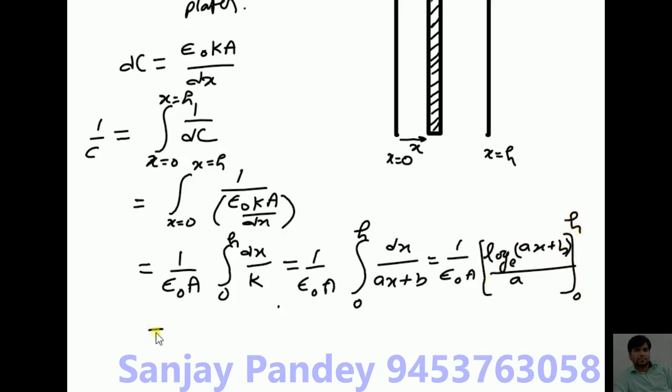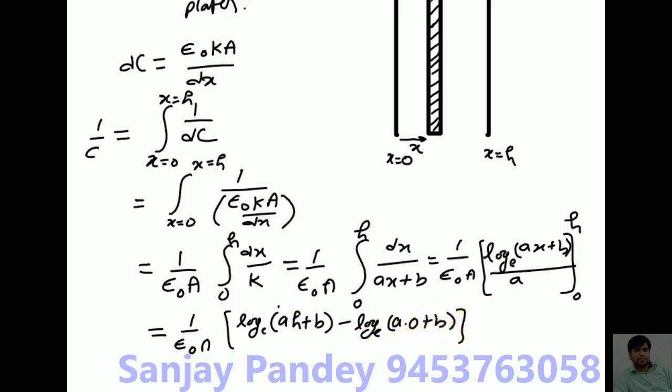Its value will be equal to 1 upon epsilon naught A, substituting these values of lower and upper limit, we get log (ah plus b) minus log (a into 0 plus b).